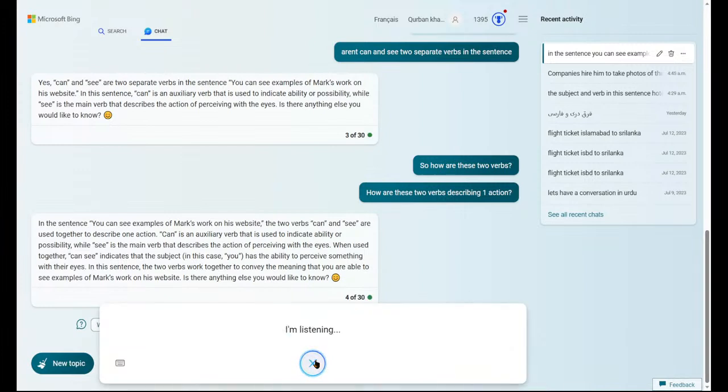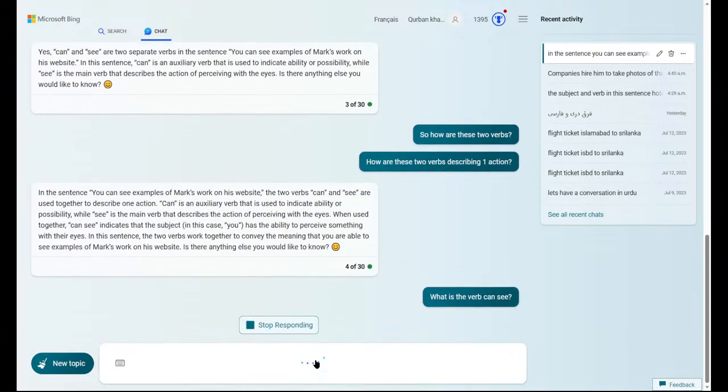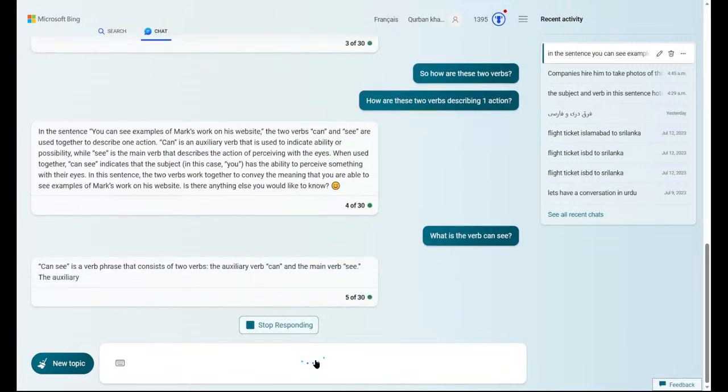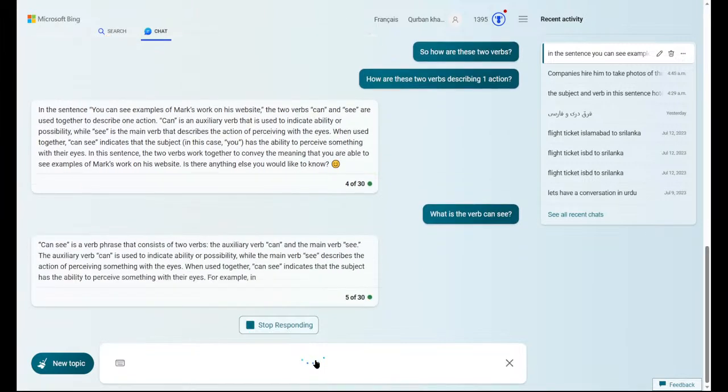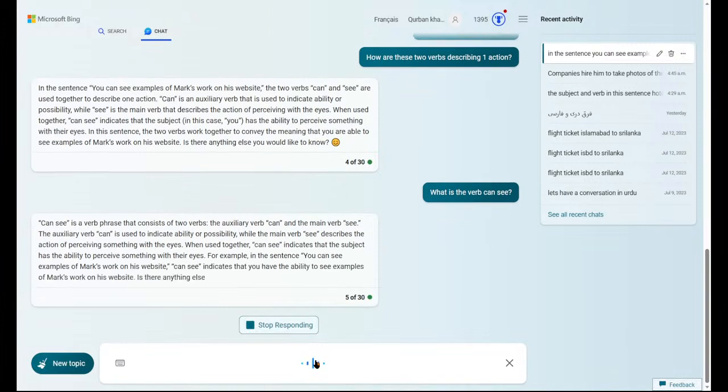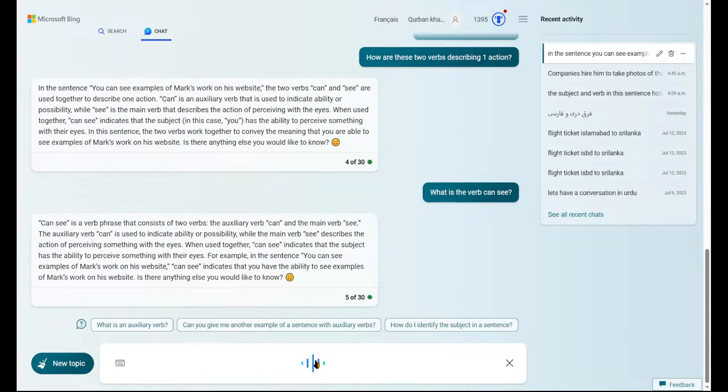What is the verb can see? Can see is a verb phrase that consists of two verbs, the auxiliary verb can and the main verb see.